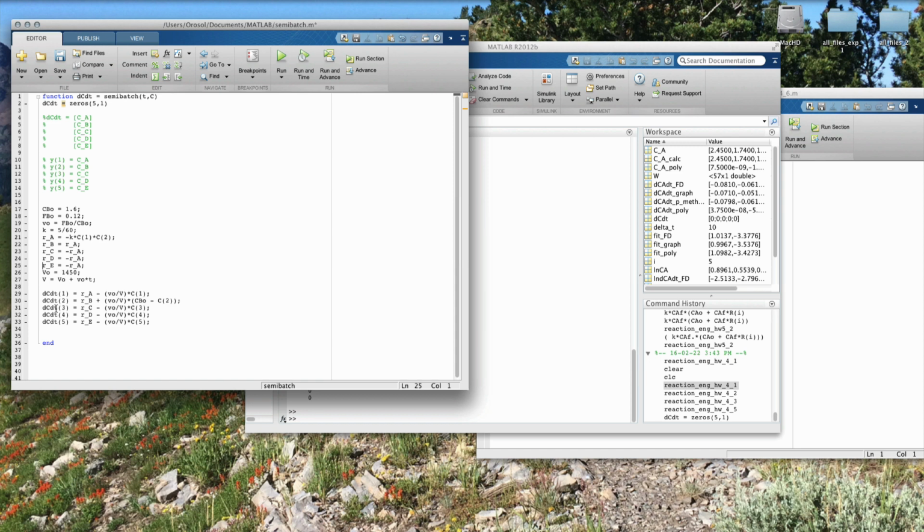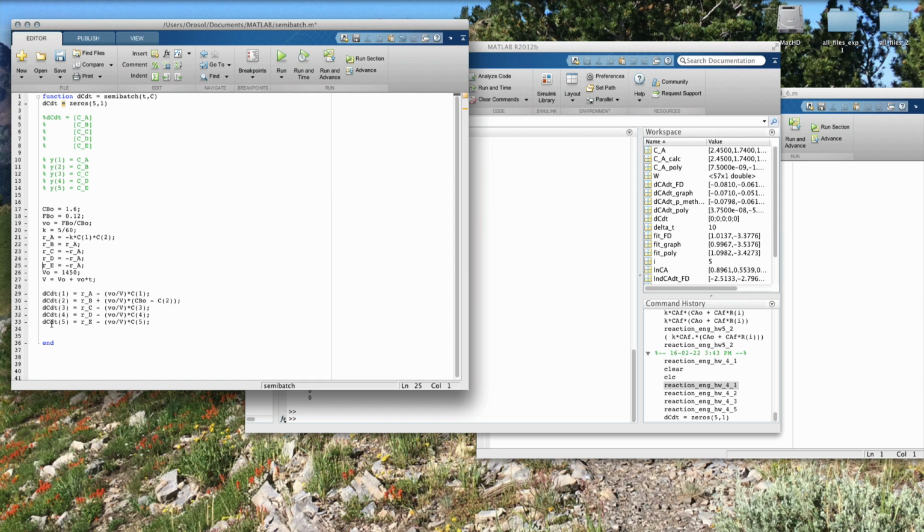The second one, dCB dt, is equal to RB plus V naught over V multiplied by CB naught minus CB. dCC dt is equal to RC minus V naught over V multiplied by C3.